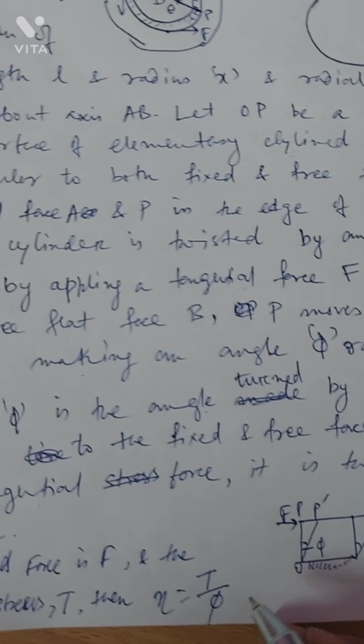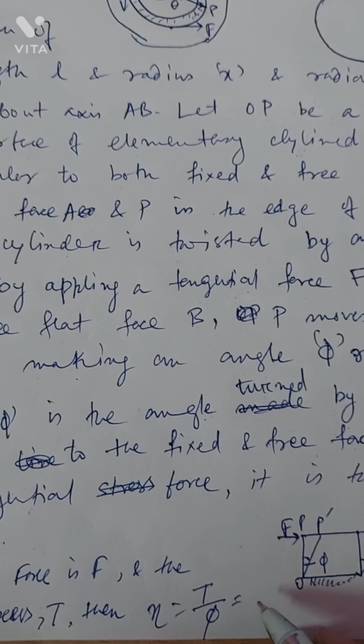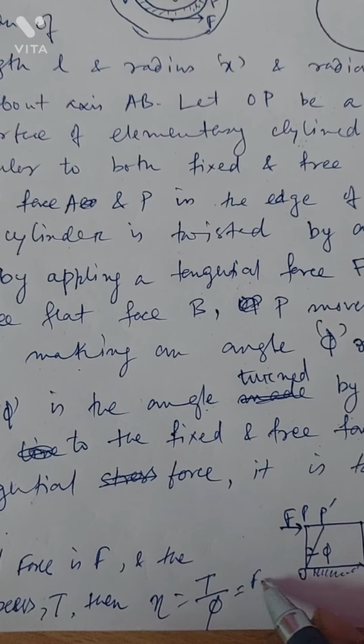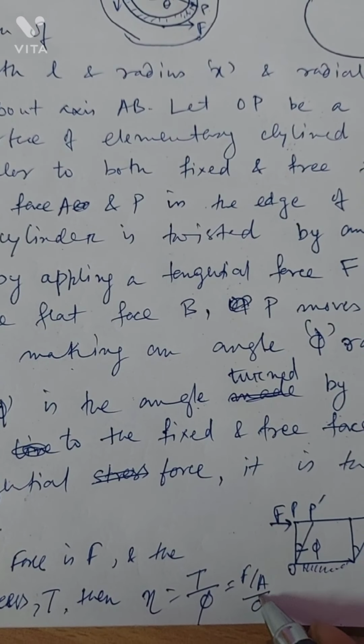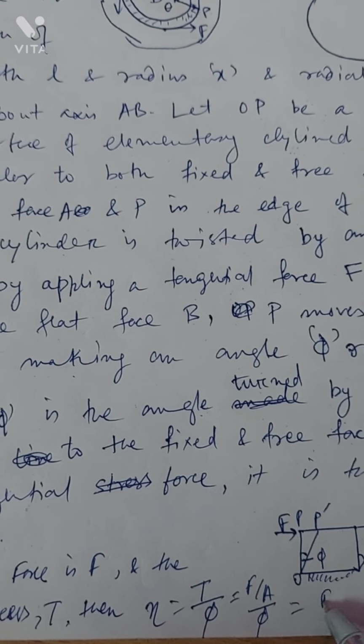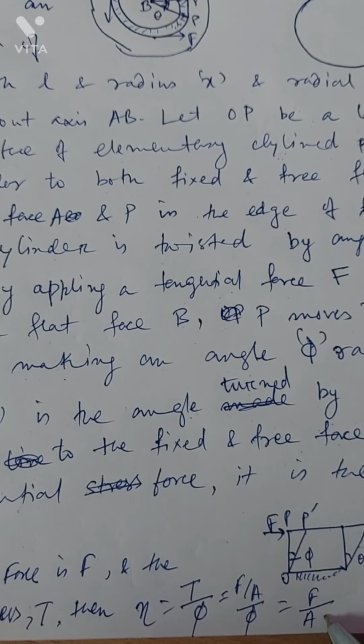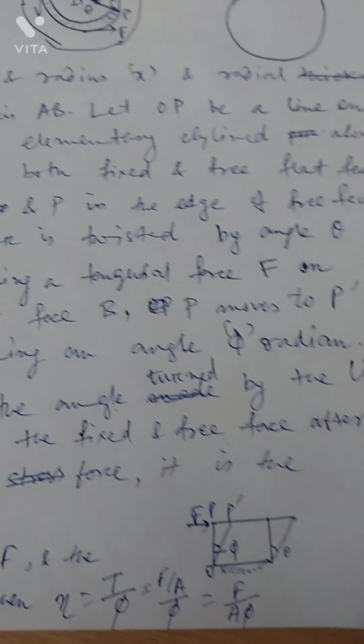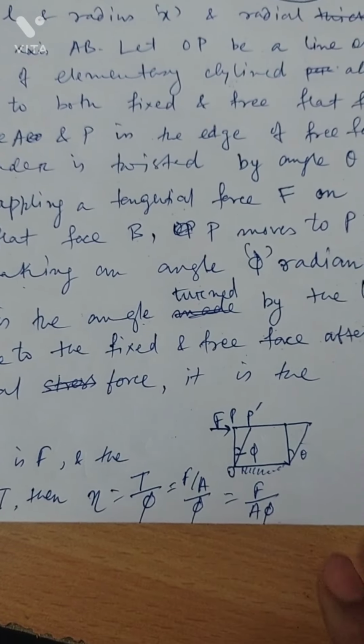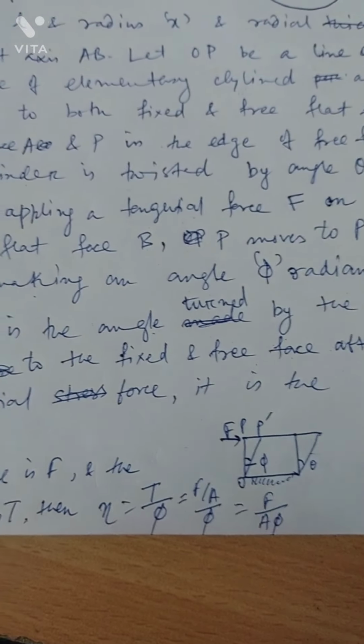Also, as we know, the stress is given by force per unit area, so stress is equal to force by area. By equating this, we need to find the force applied.